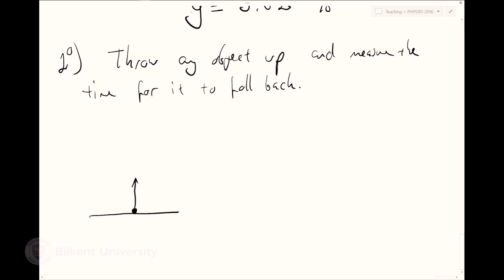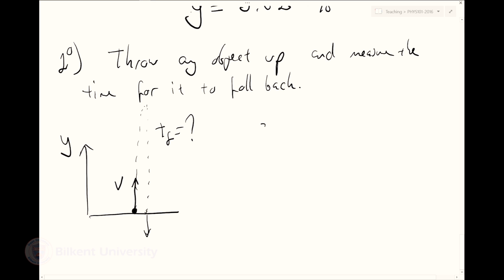I'm sending some object up with velocity v. It will go up. Whatever goes up must come down. It's going to come back. And what I'll measure is the time it takes for it to fall back. Let's calculate this time. It's not going to be hard. Let's say that this is my y-axis.